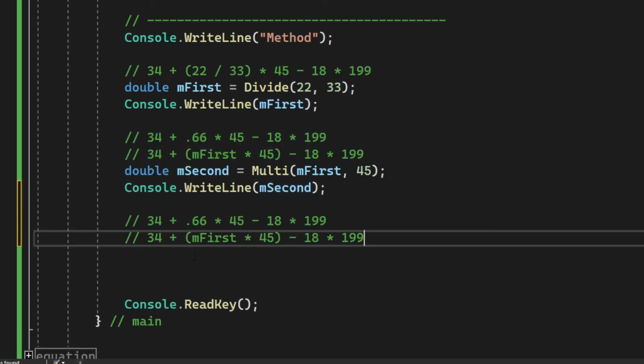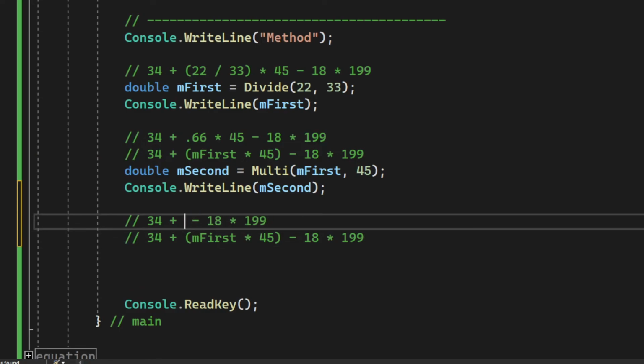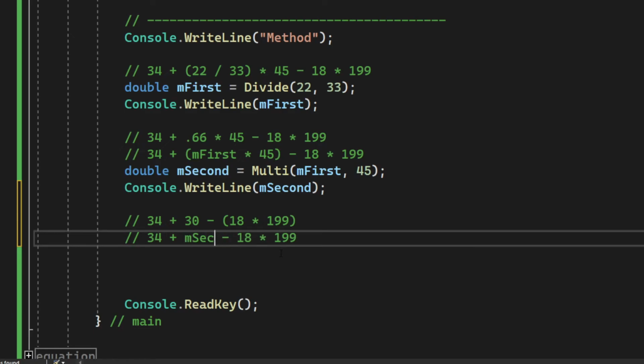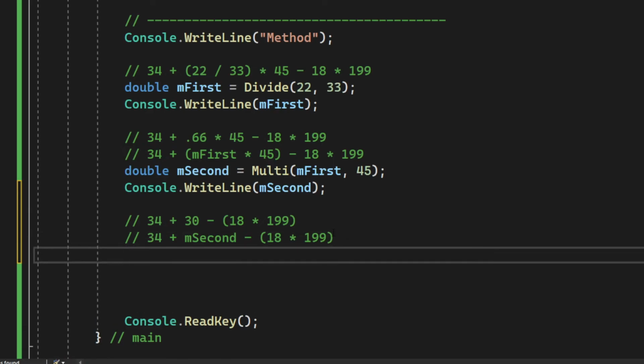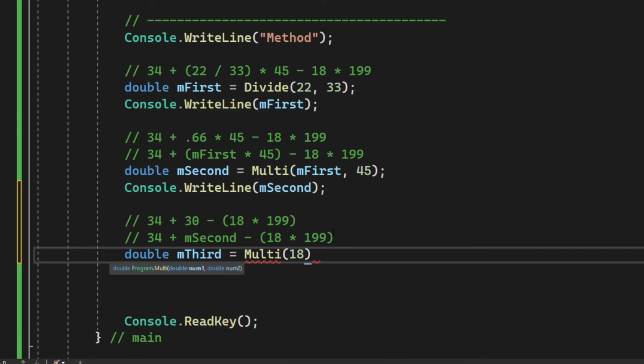Take all this, paste it down here. We know this is 30. And now this is our next math we're going to be doing. Remember, this is being stored in our second variable, so m second. This is going to be our next operation, our third one. So we're going to do double m third equals, and this is another multiplication, so we do multiply 18, 199.